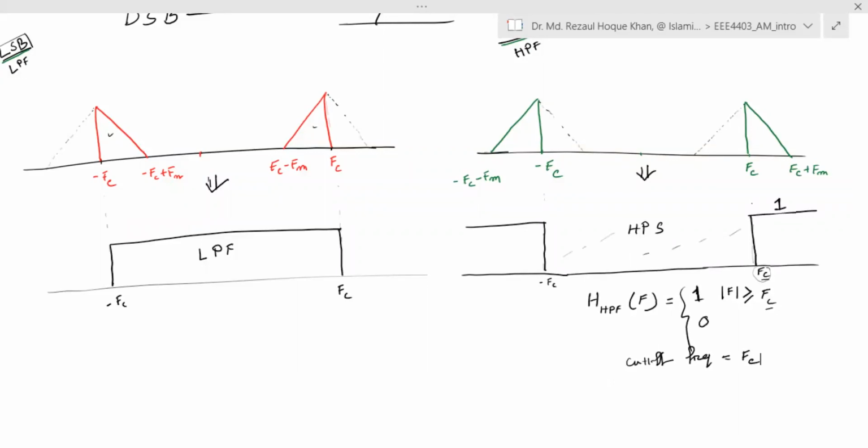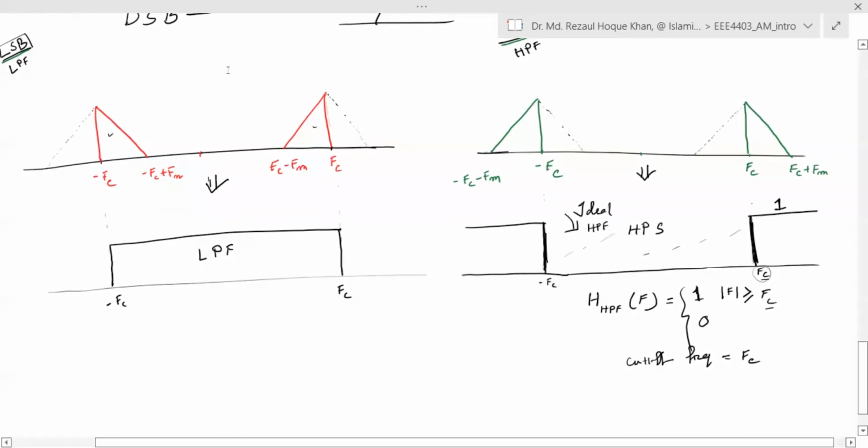This will be the opposite in a low pass filter. Here you see, this is an ideal high pass filter, because we have a sharp cutoff. This cutoff frequency is very sharp, which practically doesn't happen.